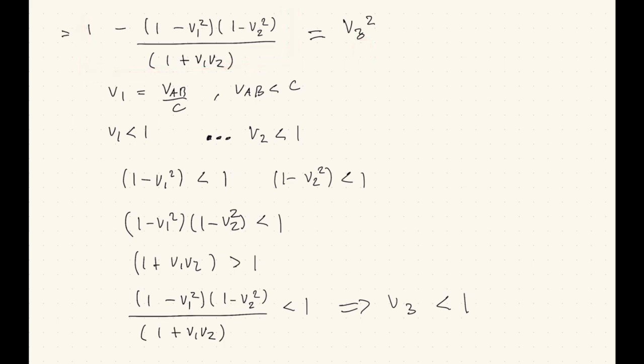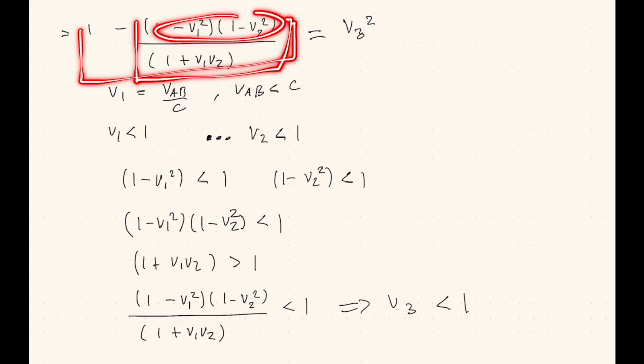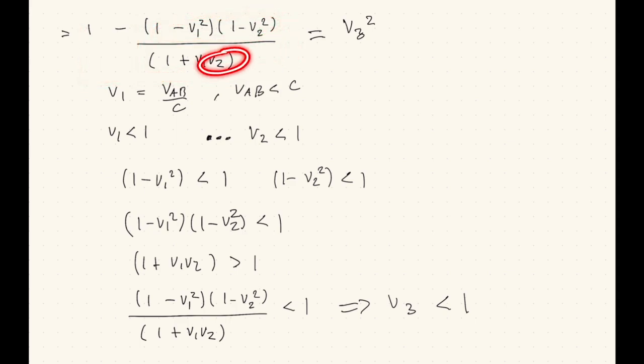So, if this term has to be positive, this term overall has to be greater than 0, and for that term to be greater than 0 with the numerator positive, this also has to stay positive. So that is why this term is positive, and if this term is positive, then this term is greater than 1. So having said that, the numerator is less than 1, the denominator is greater than 1, that means this entire term is less than 1, telling us that our V3 is less than 1.